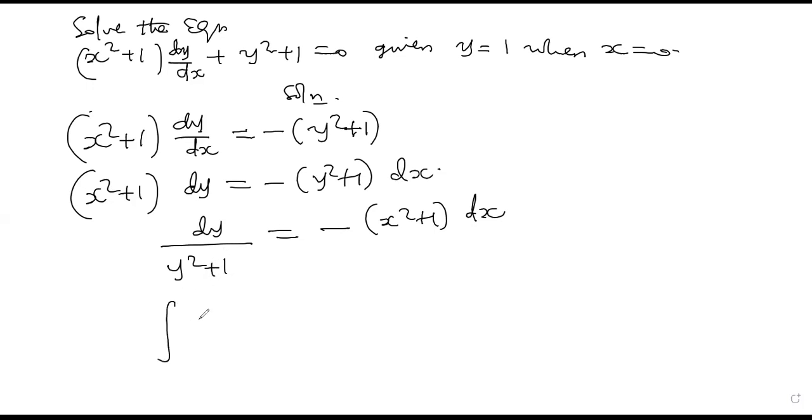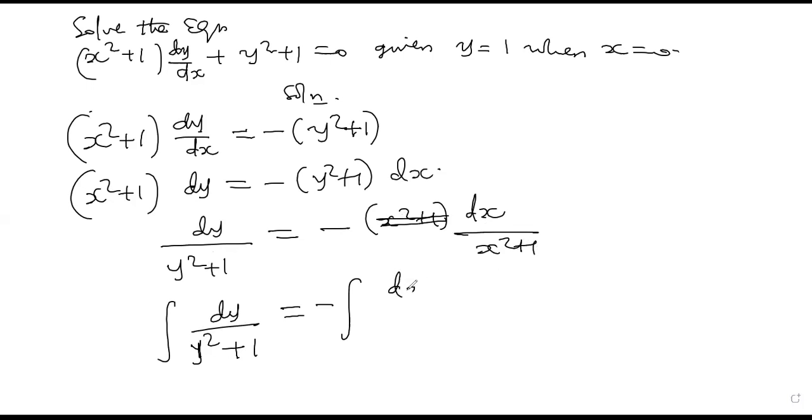So we shall be integrating dy over (y squared plus 1) is equal to the negative integral of dx over (x squared plus 1). This is tan substitution, because of the nature of arrangement of this function.